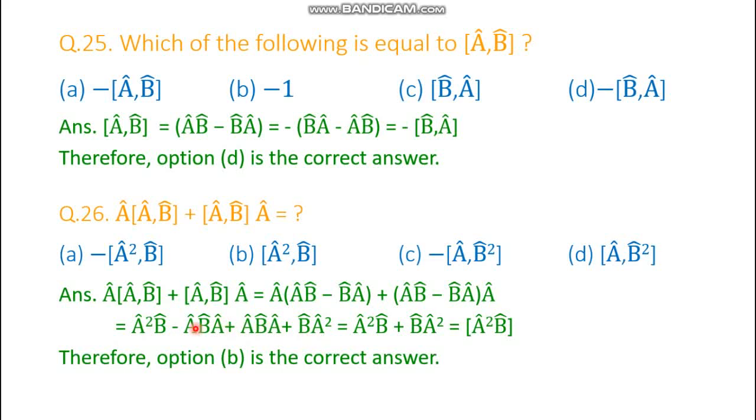So the middle two terms cancel each other, and as a result we get a cap squared b cap plus b cap a cap squared. That means this is the commutator of a cap squared b. So the correct answer is option number D. I'm sorry, option number B is the correct answer. A cap squared b. Yeah, this is the correct answer.